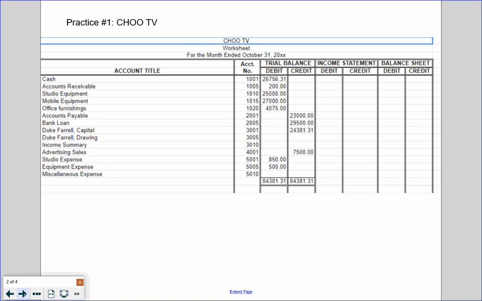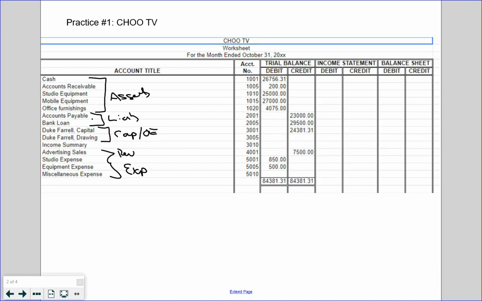So we've got assets, we've got liabilities, this is our capital or owner's equity, and then here is our revenue and expenses.